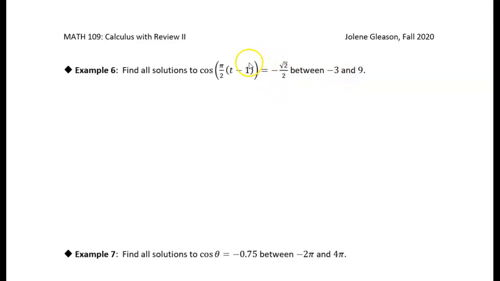You can see that this is a horizontal shift. It's being shifted to the right by 1. This is our b value, and I can use that to find the period.